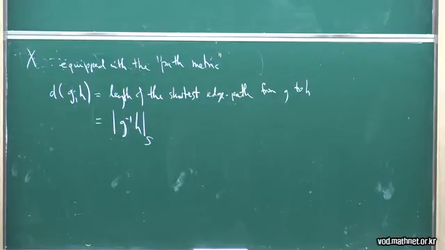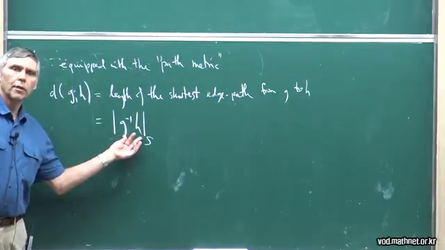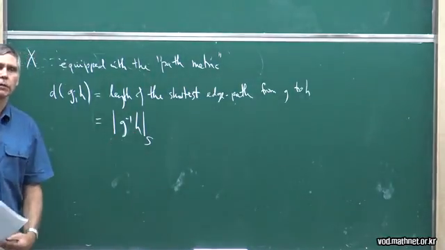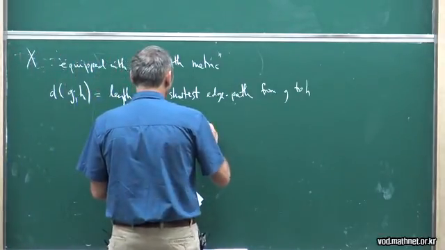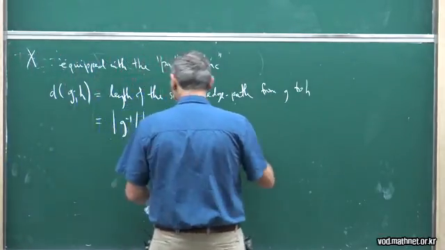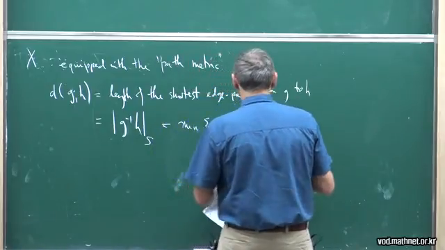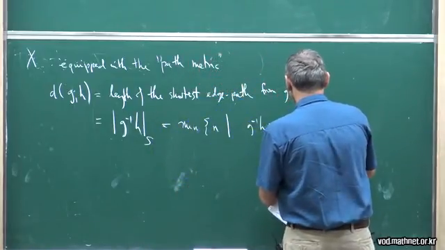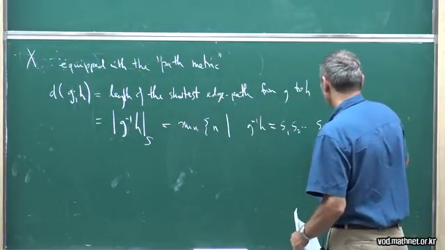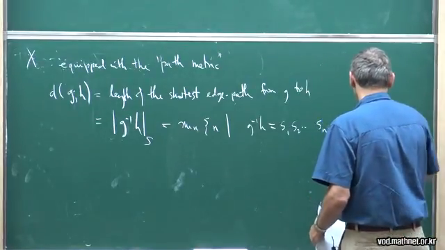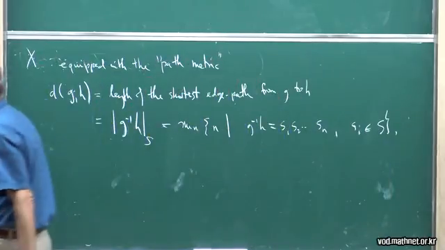Namely, take this group element, g inverse h, and represent it in a minimal way as a product of generators. So this is the minimal n so that g inverse h is a product of n generators s_1 through s_n, so that the s_i are all in S. Okay.